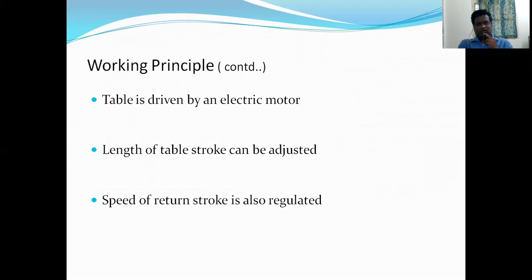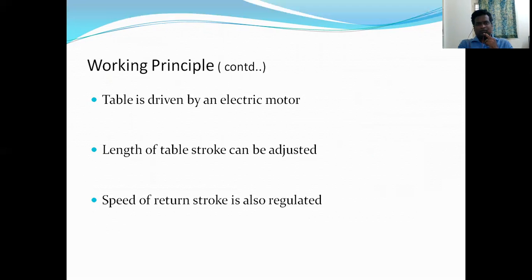So for that we have to adjust the length of the stroke. Whereas in a shaper we learned that, based on the cutting stroke, we can give some length more than the cutting stroke. Understood? So that is the adjustment.